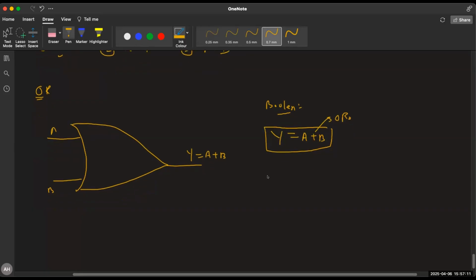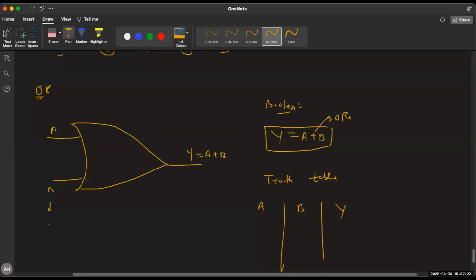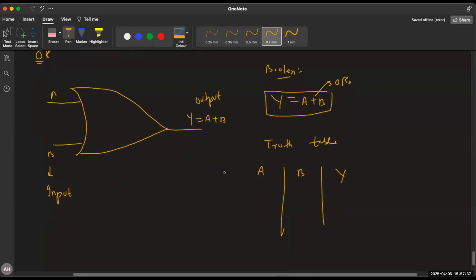And how to use this algebra? To use this algebra, we have to make a truth table. So you have one input A, another input B, and you have the output Y. These are two inputs and this is the output. In digital electronics, you have only two types of signals, either 0 or 1.